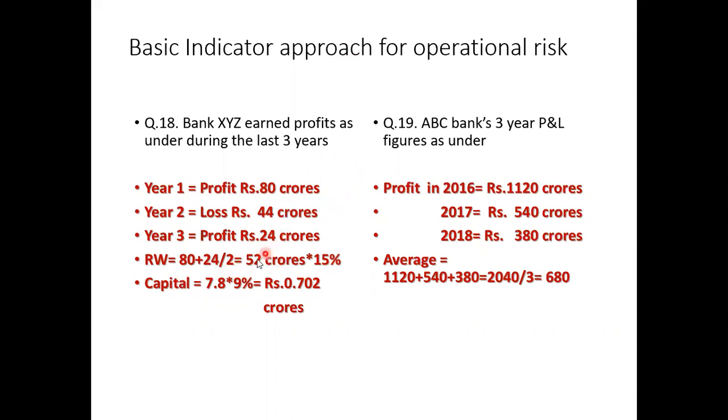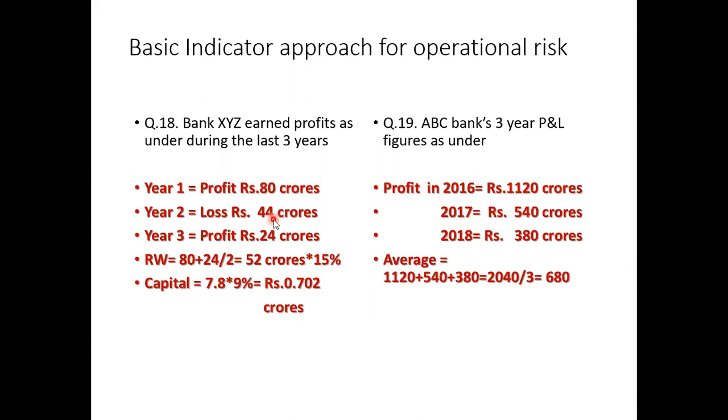Alpha factor means this much profit may be a loss. That is, we are going to earn this much profit, but for earning this profit, some operational risk is there. So the operational risk weight is 15% under the basic indicator approach. The 15% is called the alpha factor.